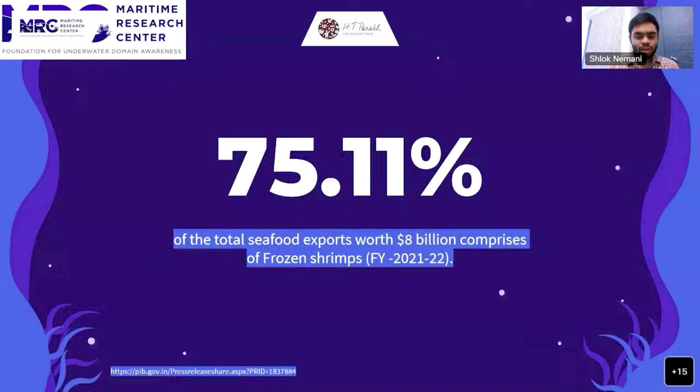So shrimps form a large bucket of the total exports of the seafood industry. This makes shrimp production important to keep on the higher side while also making it more sustainable, because there are a lot of disadvantages of growing shrimp, which we will look at later.